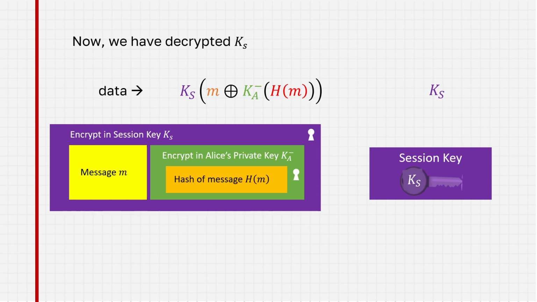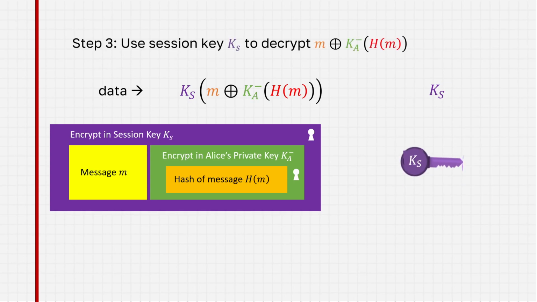Questions? Remember the math: KS will give you the original message. KA plus, KA minus will give you the original message. KA minus, KA plus will also give the original message. Just three things to memorize. Now once you get the session key, what do you do? Use the session key and decrypt the data. So you use the session key, you want to decrypt this data.